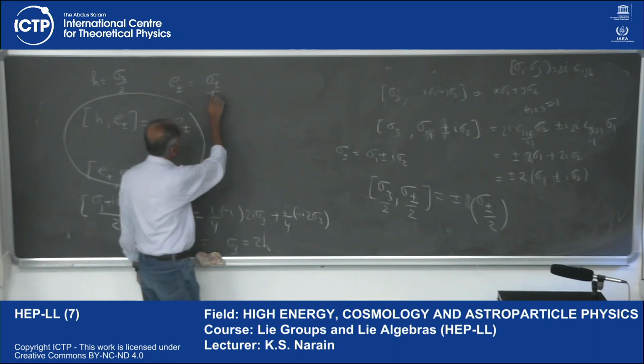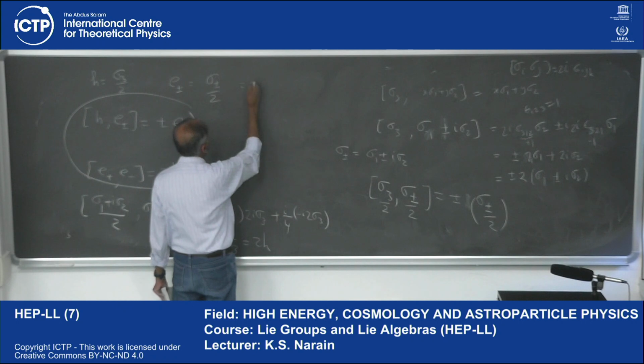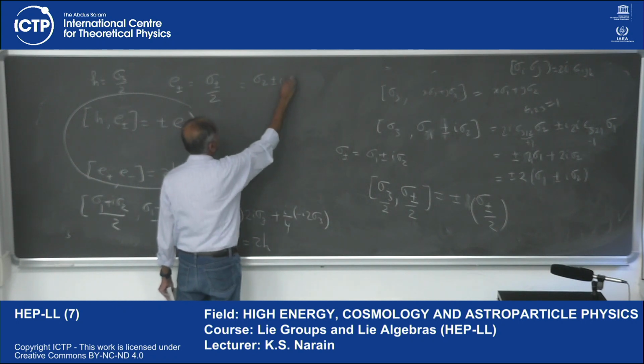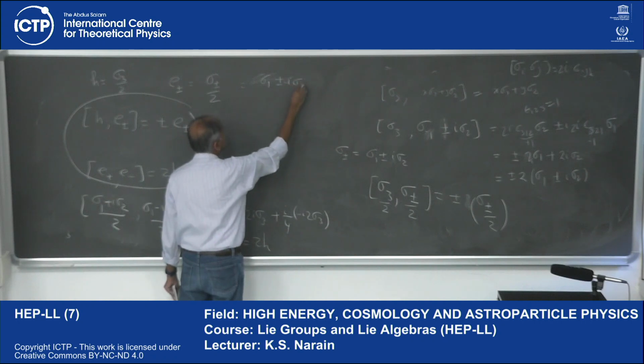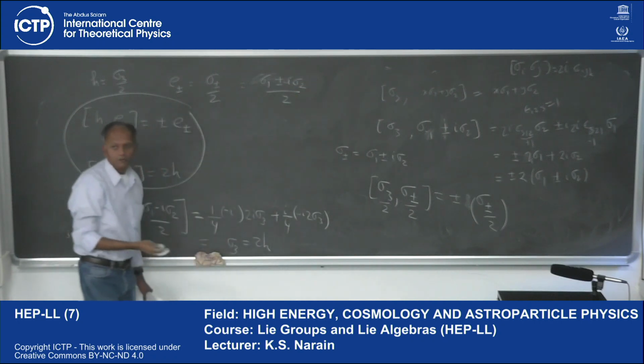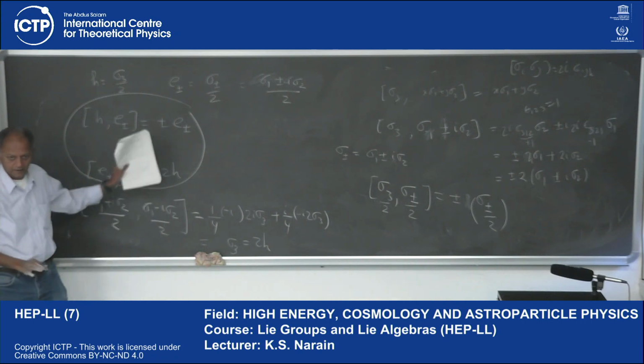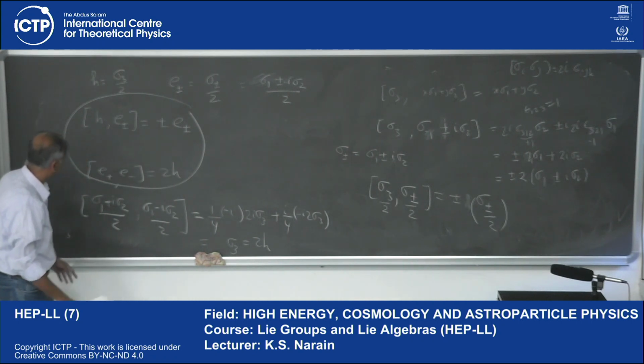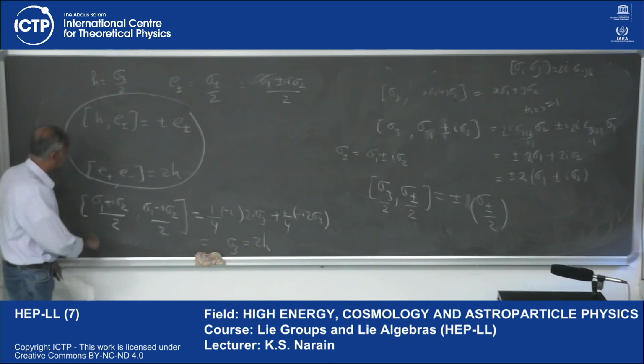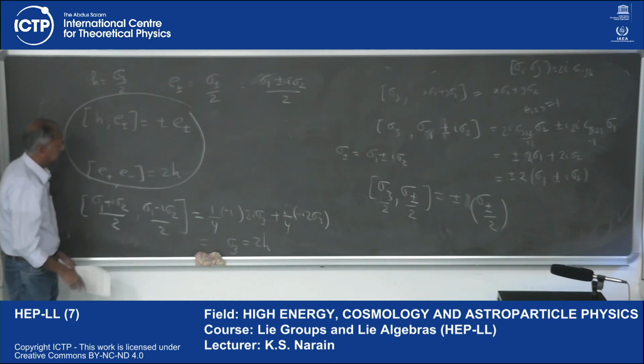Instead of sigma 2, sigma 3, I have chosen this basis to be sigma 1 plus minus I sigma 2. The content is the same, the information is the same. I just chose a different basis. So this is, in this language, the commutation relation.